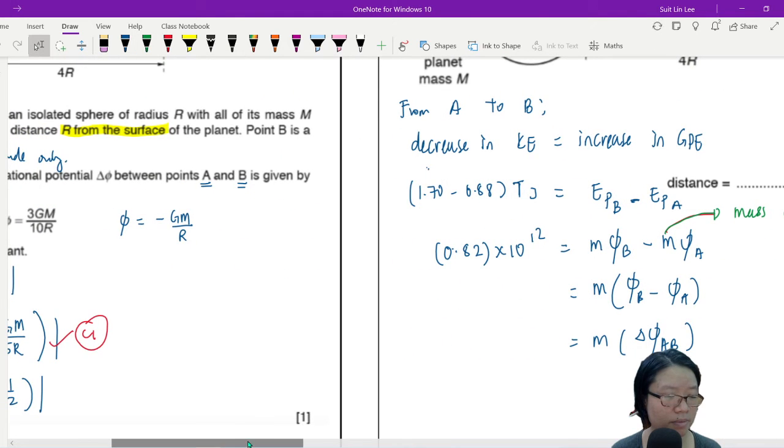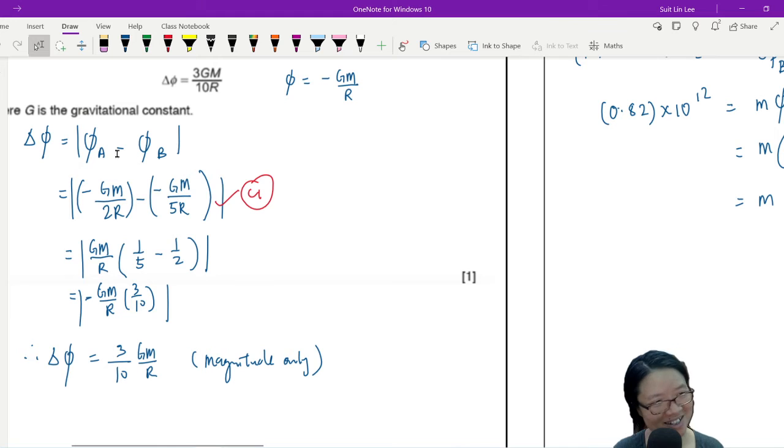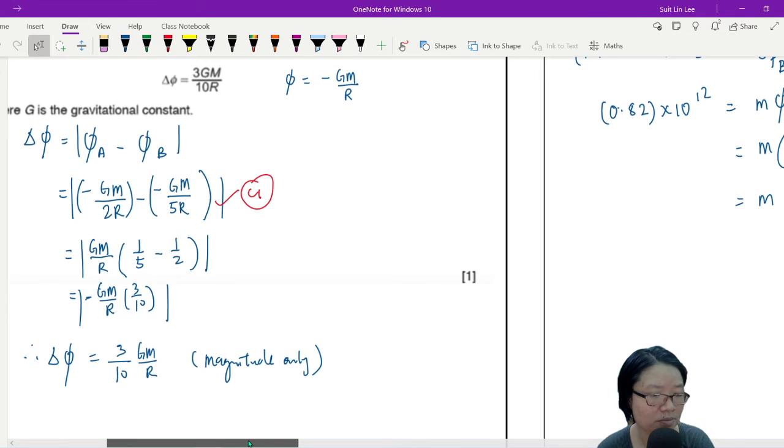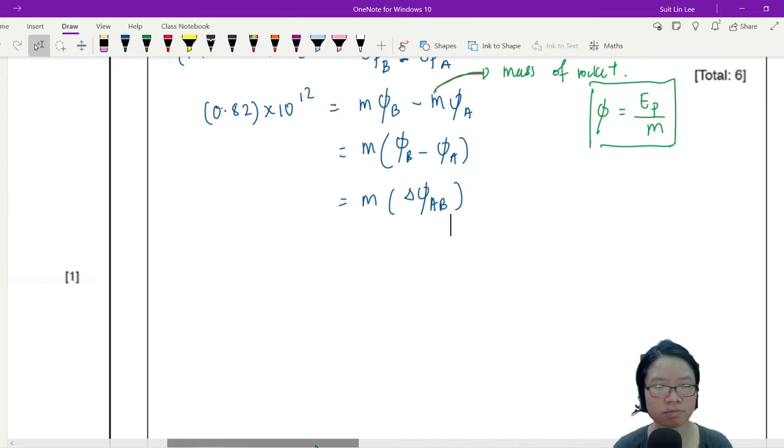Change in potential from A to B. We took A minus B, so A minus B or B minus A, the difference will be the same. I'll just take the magnitude, 3 over 10 GM over R. So I'll continue this. This will be m, 3 over 10 GM over R.